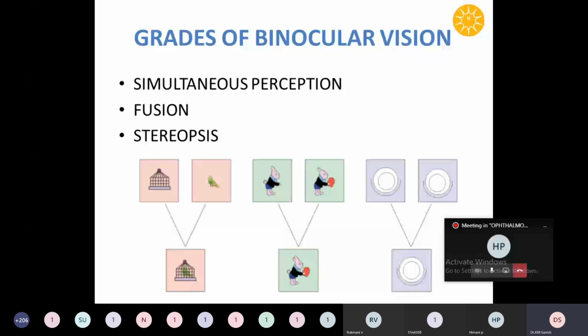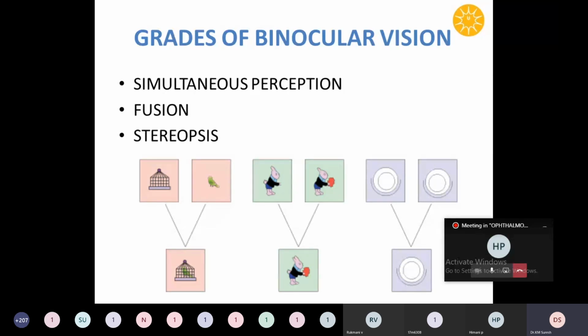Stereopsis is nothing but depth perception, wherein when there is a small distance disparity between one object and the other, the eye is capable of assessing this depth or the distance between these two objects which are one behind the other. This capacity of the ocular system to assess depth is referred to as stereopsis.